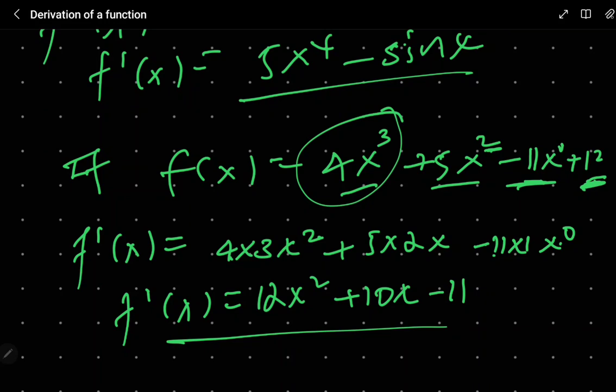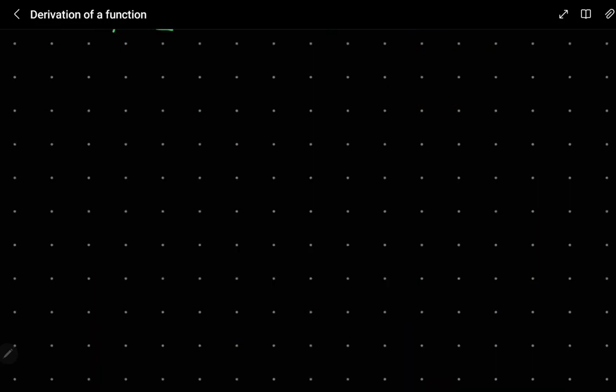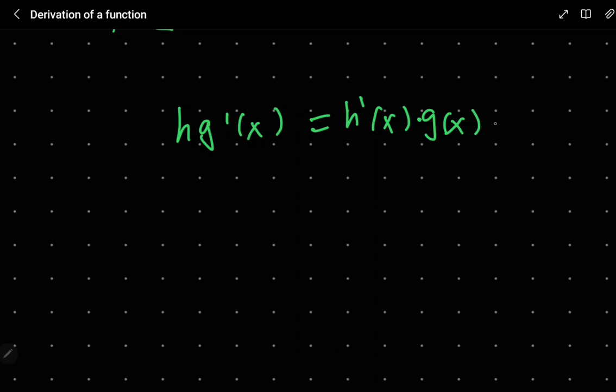This is a derivative. But for a product function, it is a bit different. So if you have h times g, the derivative of x is h derivative of x times g of x plus g derivative of x times h of x.